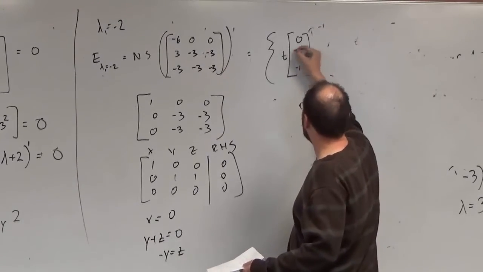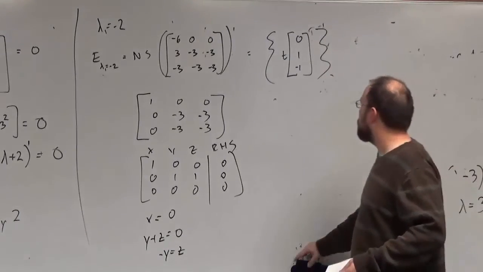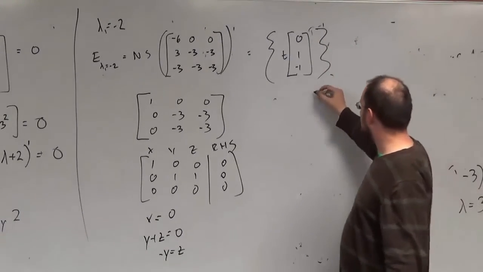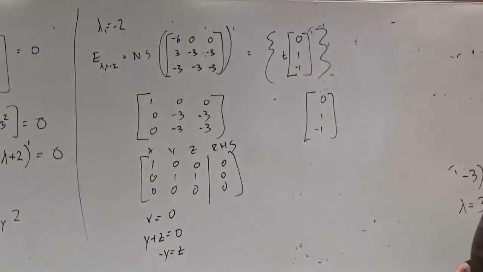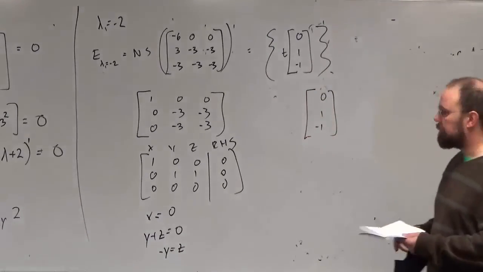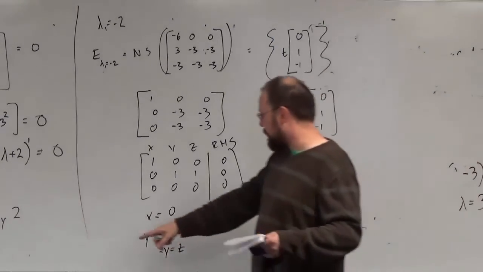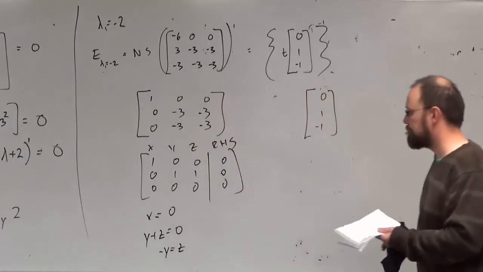And any multiple of that would be an eigenvector. So you see that indeed this is an eigenvector, just a particular one. And this is the eigenspace, it's the span of this vector. Okay, so as advertised, the eigenspace has dimension 1, so one basis element.